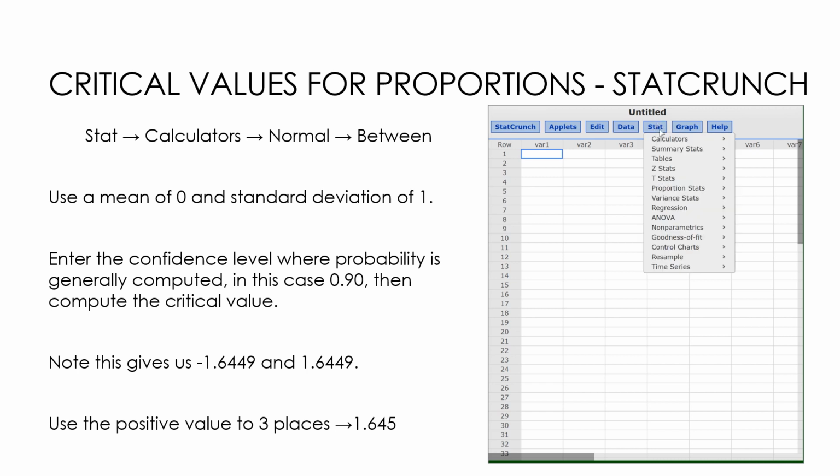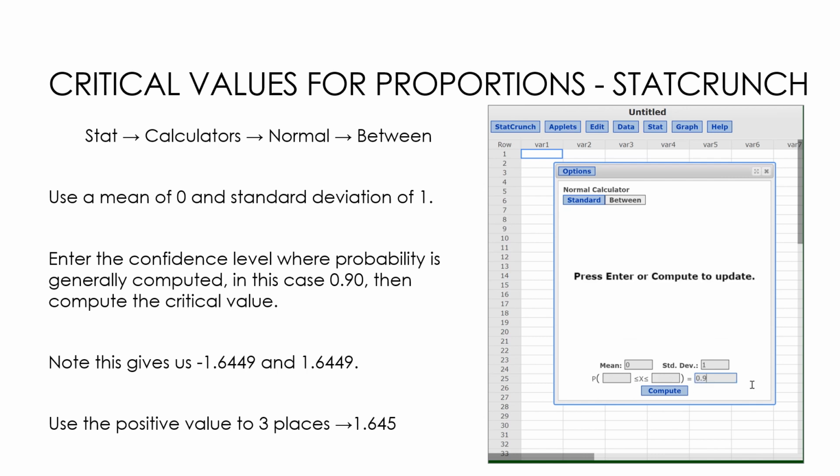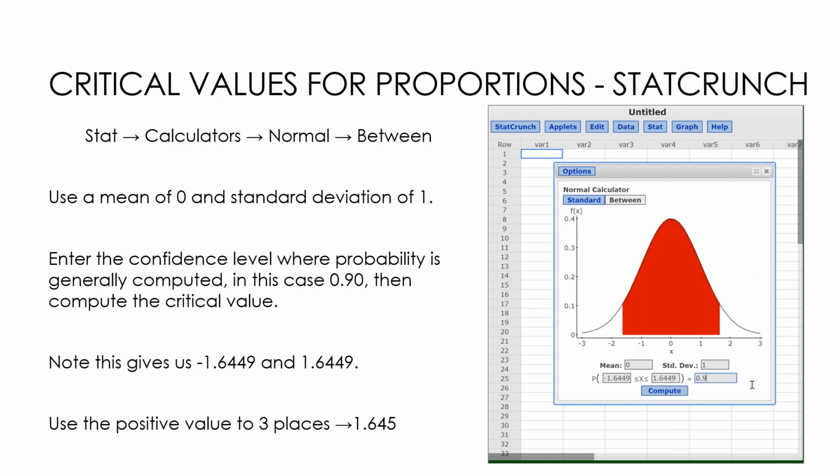So I'm going to go to Stat, Calculators, Normal, because I'm dealing with the normal model. I'm going to choose Between, and let's say I'm doing a 90% interval, I'm going to keep the mean of 0 and the standard deviation of 1, and I'm going to replace this number with 0.9, because what I'm telling StatCrunch to do is to make the area between these 2 red endpoints, all of the area shaded in red, 90%.